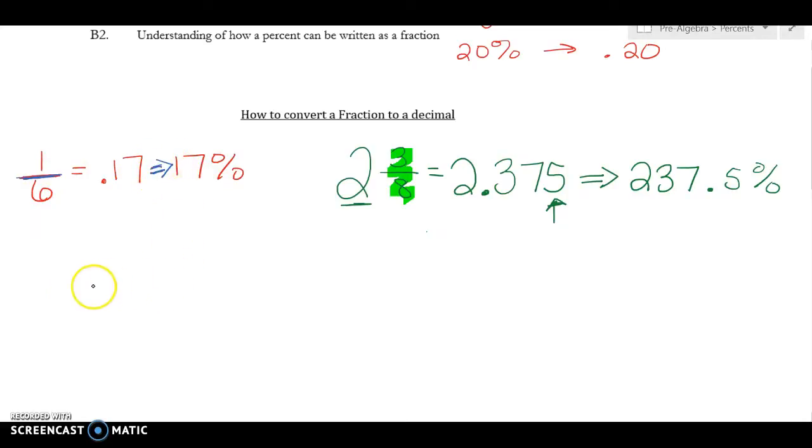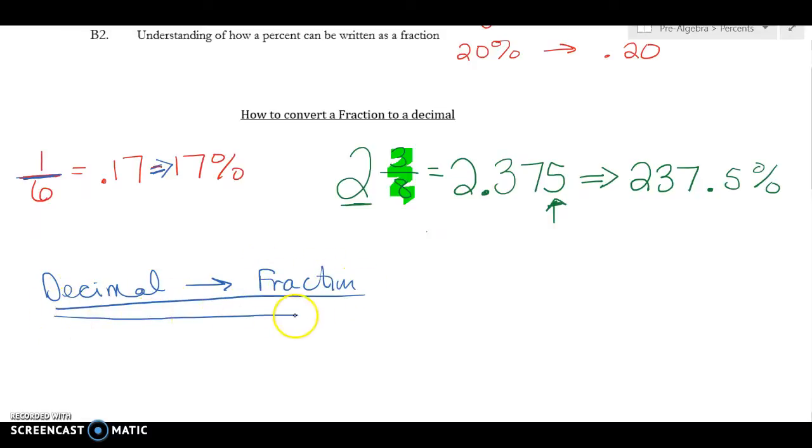So now if I'm going the other way, if I have a decimal and I need to get a fraction, so let's say I have 0.32. Well, remember this number is the tens, and this number is the hundreds. And so since there's two numbers, that's the hundreds.